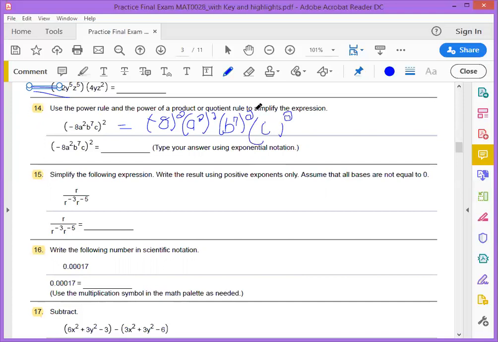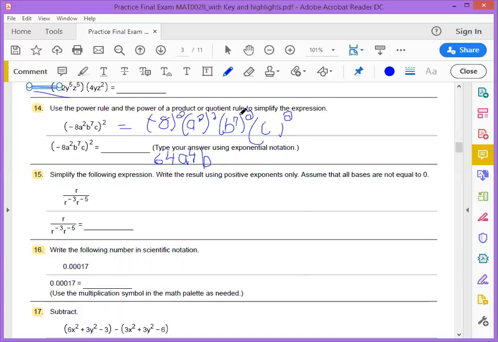So each of those terms we're raising to the second power. -8 raised to the second power is just 64. A to the second power, and when we raise it to another second power, that becomes a to the 4th power. Remember, we're adding the powers here. 2 plus 2 makes that a to the 4th power.